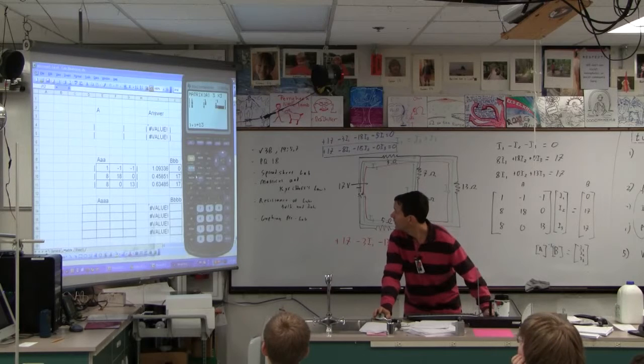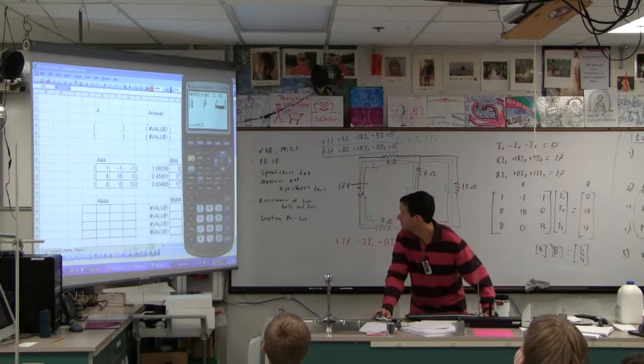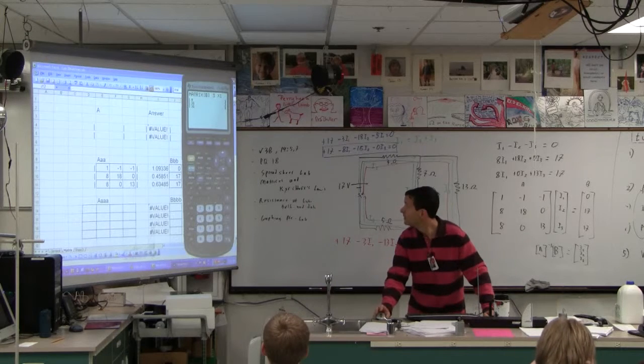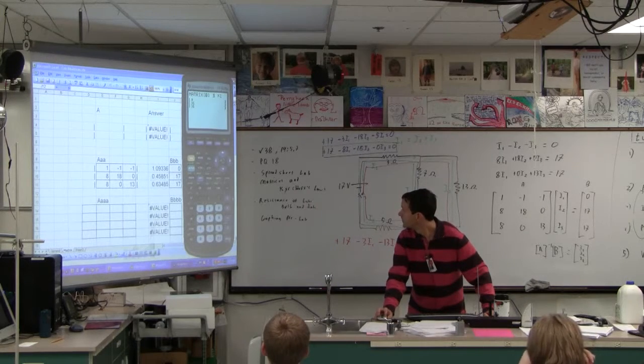Okay. And then I'm going to go, because I don't know how else to do it, second matrix, right? And I'm going to go down to B, and I got to go edit, and then down to B. So B is my answer matrix, and it should be a 3 by 1. And if it's not a 3 by 1, make it a 3 by 1. 3 by 1, right?